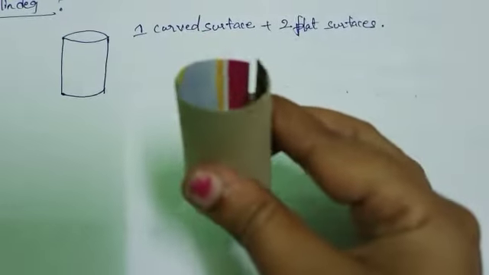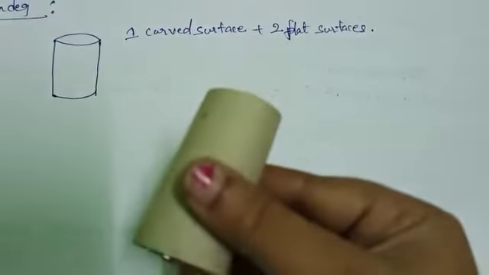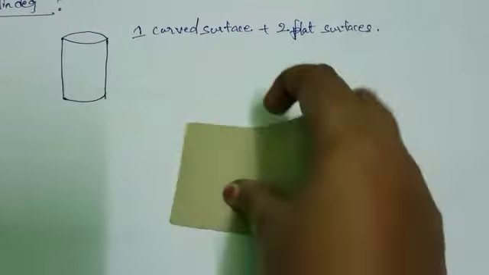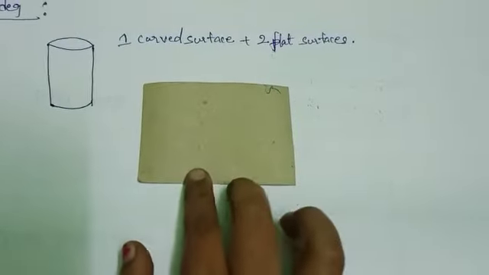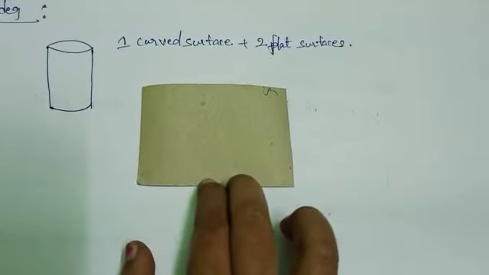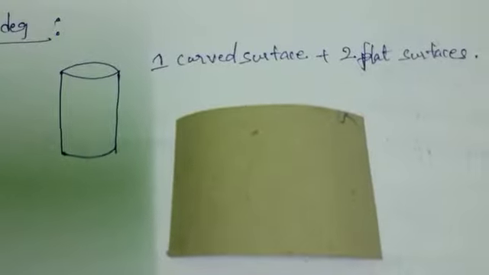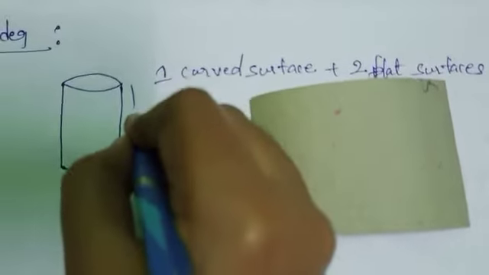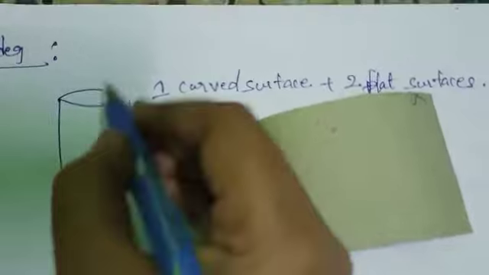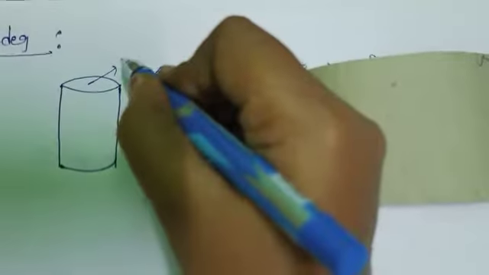Top surface looks like a circle. Okay, open the cylinder. See, this looks like a rectangle. This is the height of the cylinder and top surface is circle in shape.